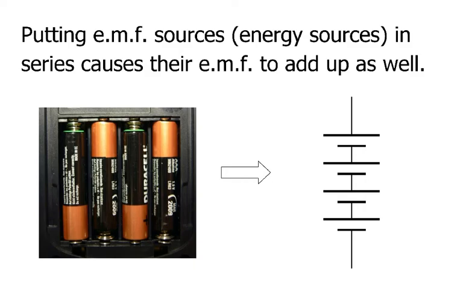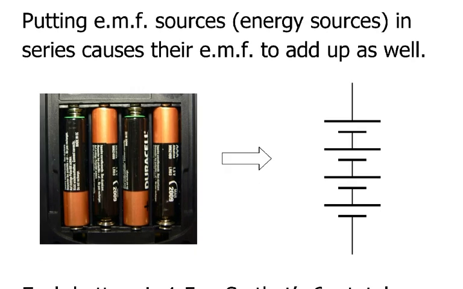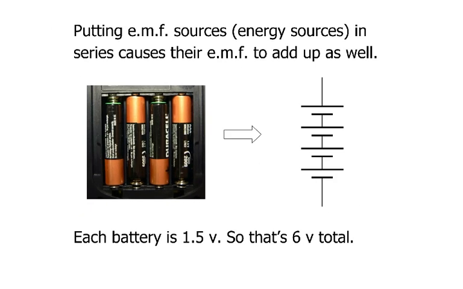All right, and the last thing for this video, we want to talk about EMF, sources of EMF. So here what I've got a picture of right there is the back of a calculator. And you'll see there are 4 AA batteries in there. And then I've drawn what you might picture that as if it was a circuit symbol diagram.